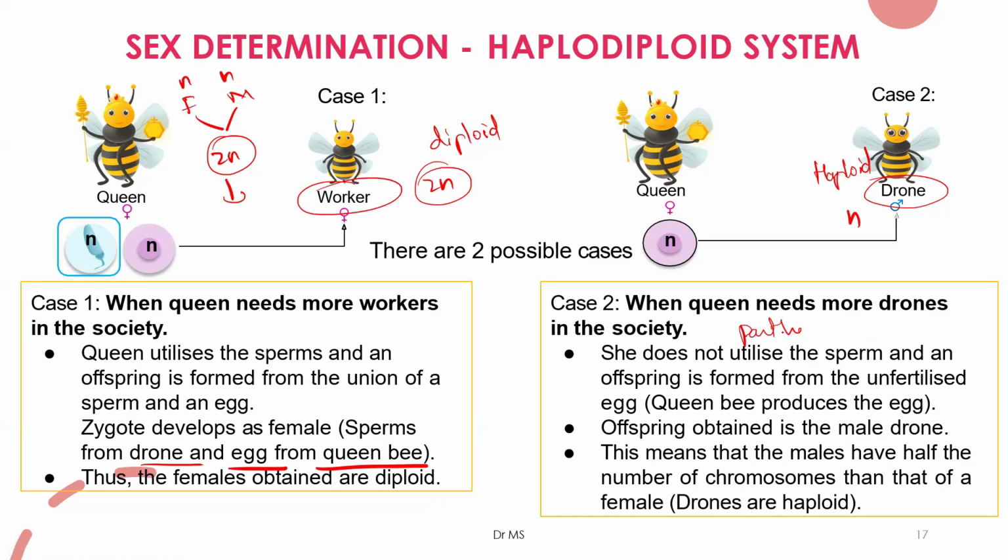You can say it's parthenogenesis. So without fertilizing the egg with the sperm, she is making the drones. That process we call parthenogenesis. The offspring obtained is the male drone. This means that males have half the number of chromosomes, so we call the males haploid.